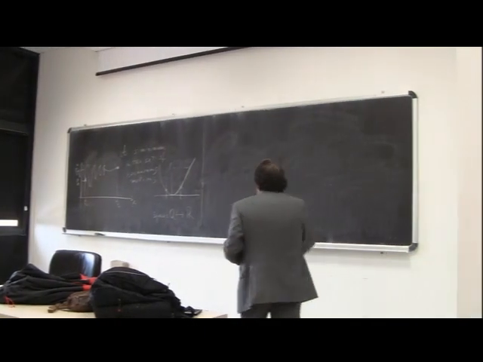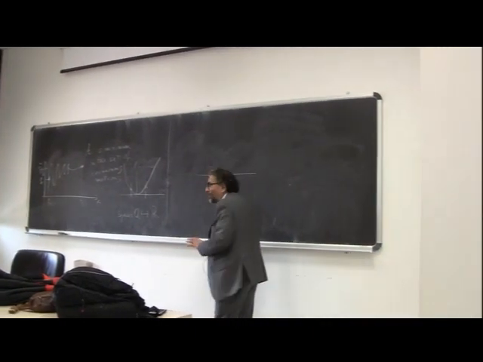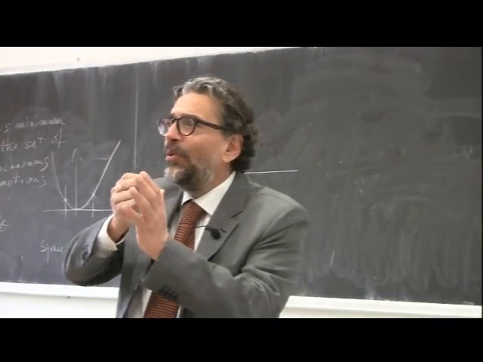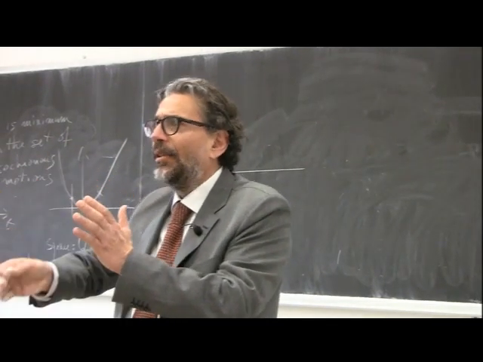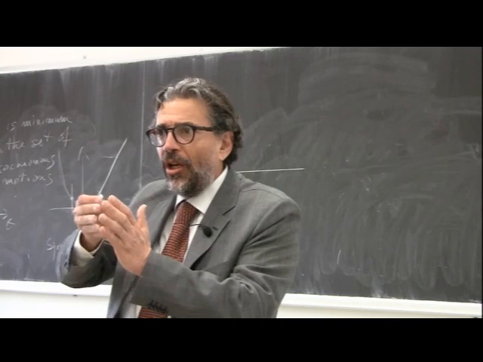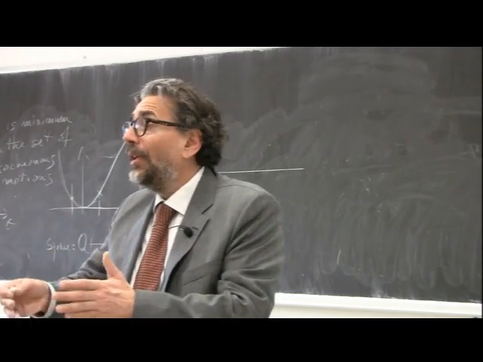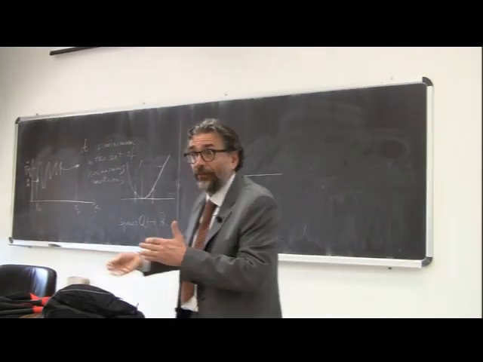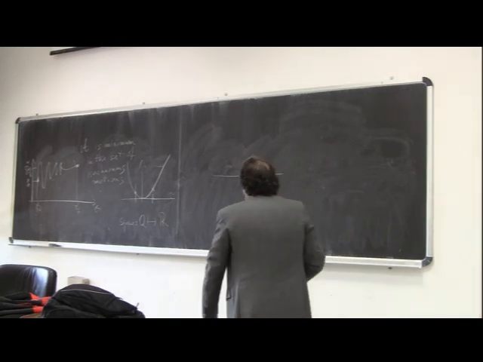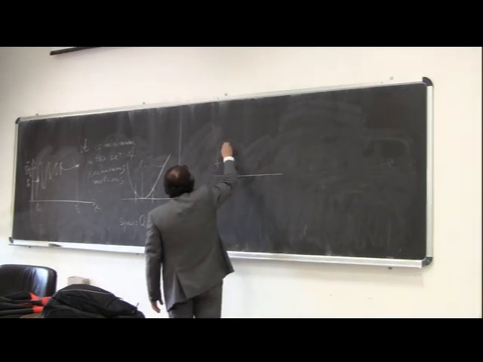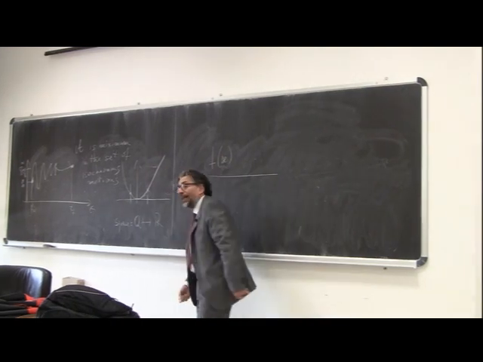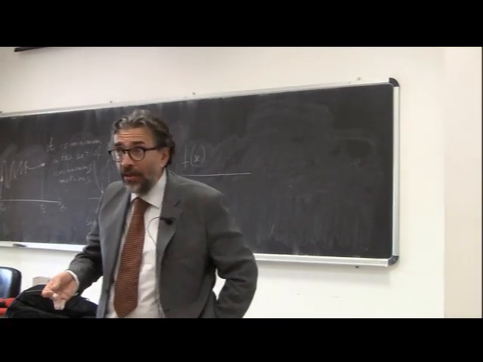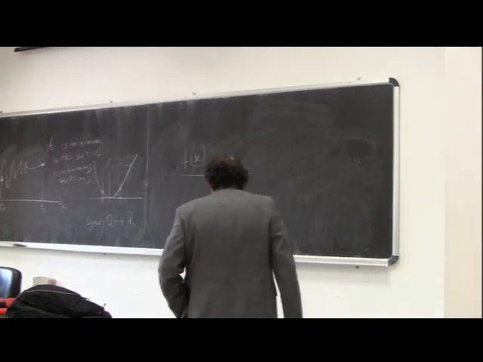So don't be confused. I open here a parenthesis, and we study a particular case. Minimization of functions. Then we try to generalize this to functionals. Okay? So if I have the function f of x, and I want to prove that x0 is a minimum for f, what I'm doing?